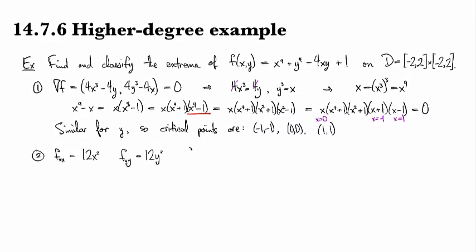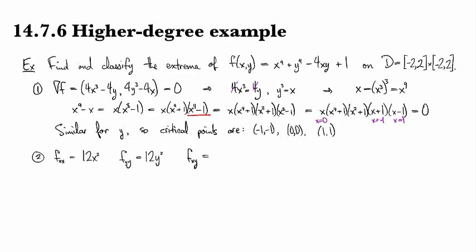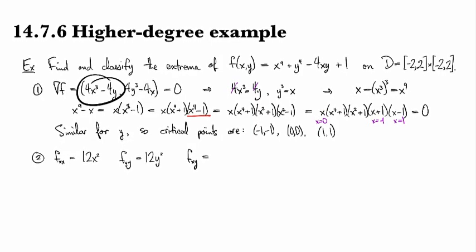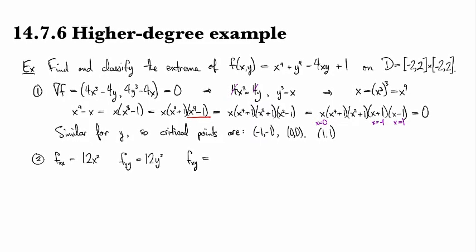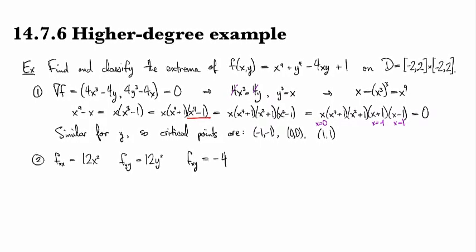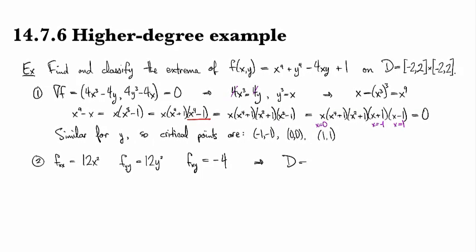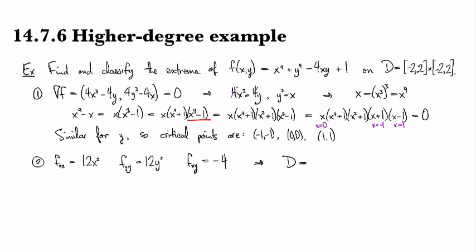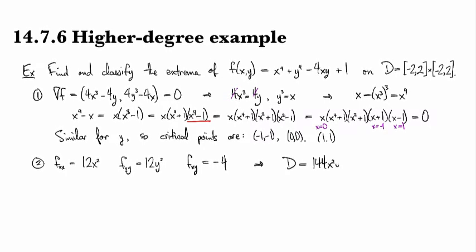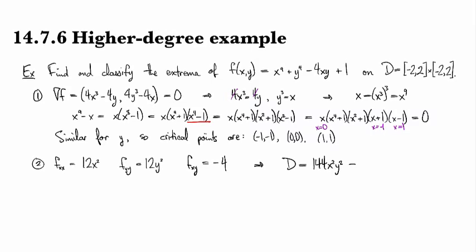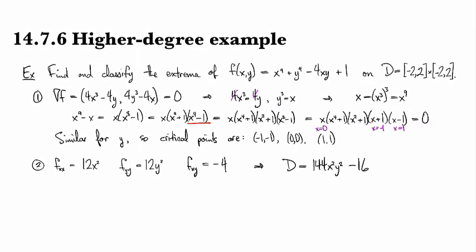And we'll need the mixed partial derivative. So that's going to be d/dy of the df/dx derivative, and for that one, we just get minus 4. So our D is going to be given by the product of those first two, which is 144x squared y squared, and then we subtract the square of f_xy, which is 16.